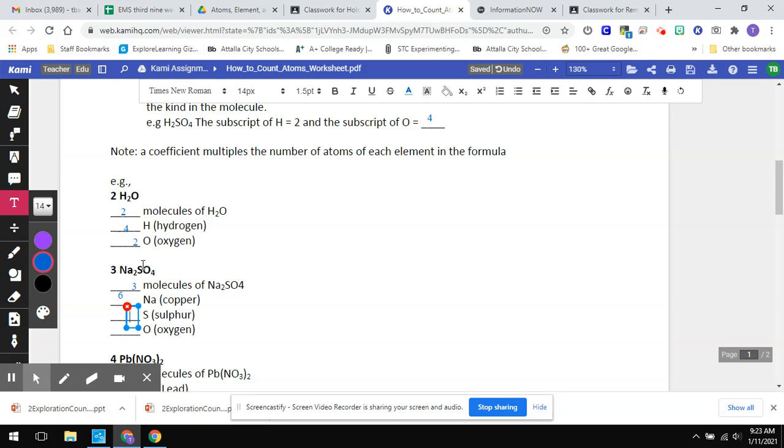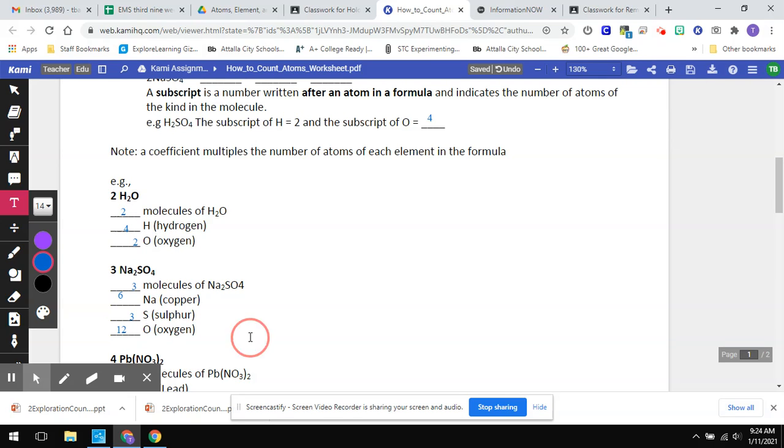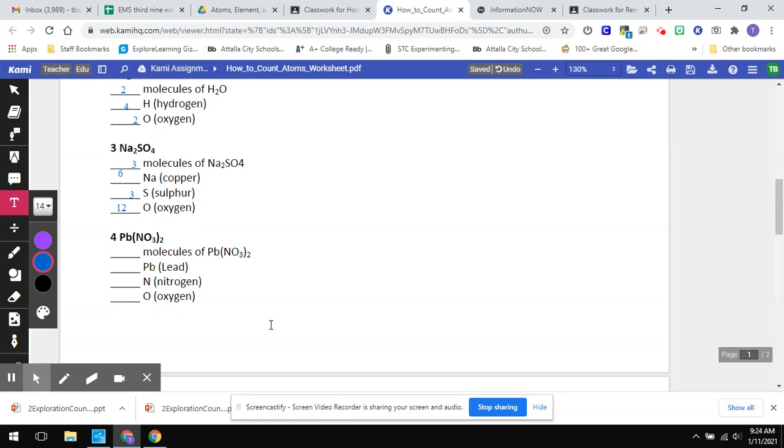There's no subscript following the sulfur, so 3 times 1 is 3. For the oxygen, there is a 4 subscript, so you go 3 times 4 is 12. So that would be all of your total atoms for that. So you would have 21 total atoms in that compound.